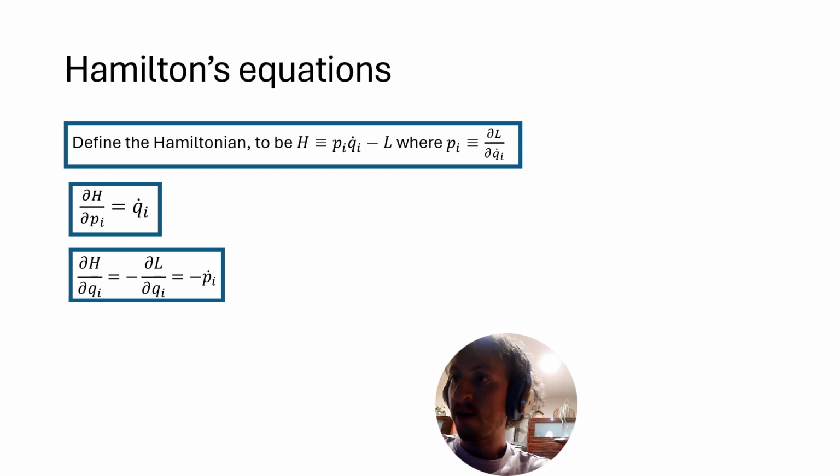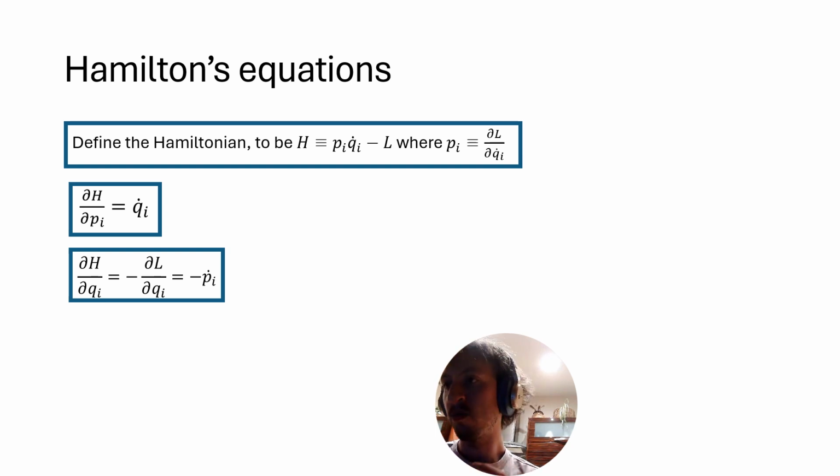Now using how we defined the conjugate momentum, we can rewrite the Euler-Lagrange equations as the partial derivative of the Lagrangian with respect to generalised position being just the time derivative of the conjugate momentum. That's just another way of writing the Euler-Lagrange equations, and this leaves us with our expression here.